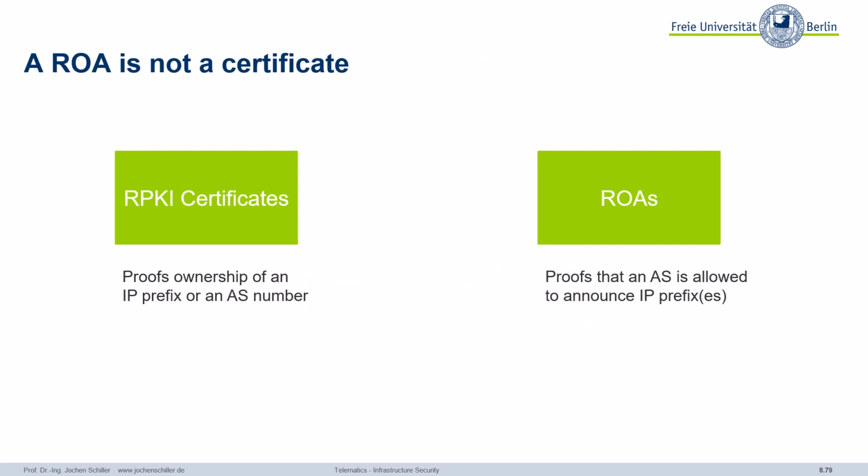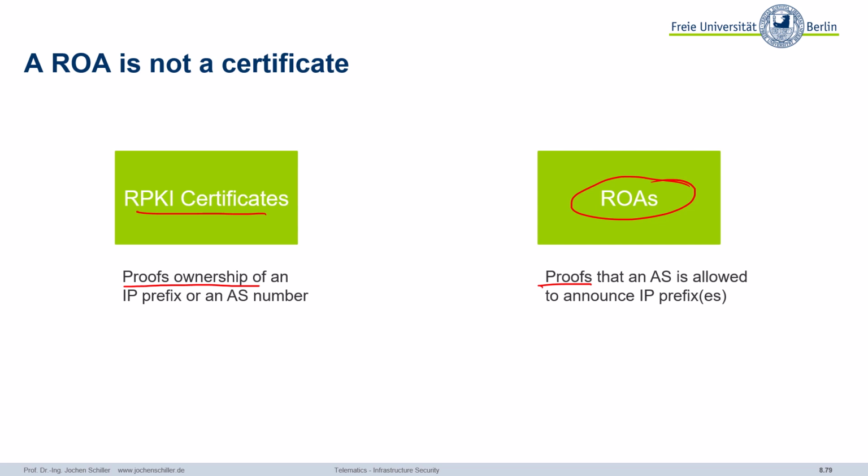So this was the ROA here, so that's the proof that I'm allowed to announce it. And then we have the certificates that really prove the ownership of a prefix or an AS number, because we can also cheat with the AS numbers. So we have certificates that really prove I'm the owner of the IP prefix, or I'm really the owner of this AS.